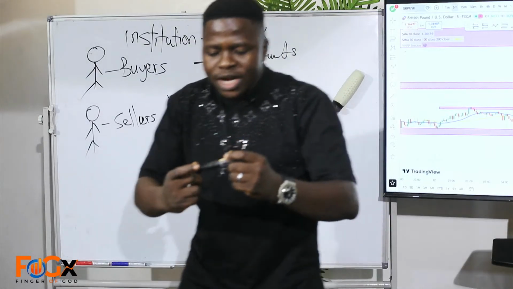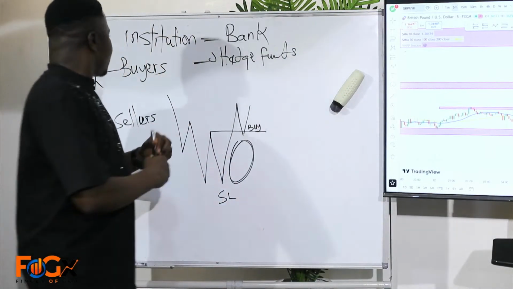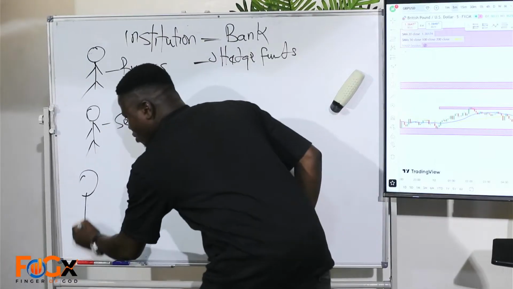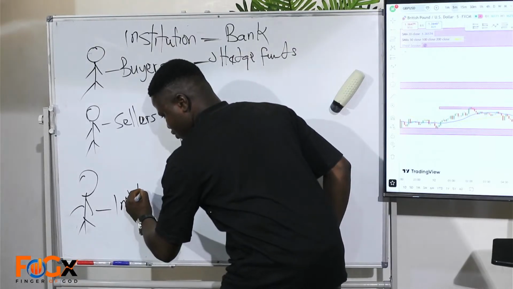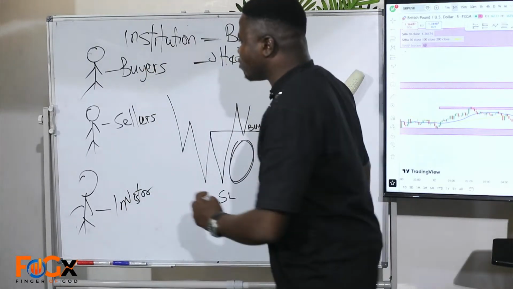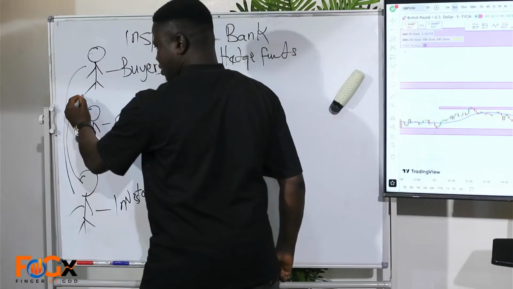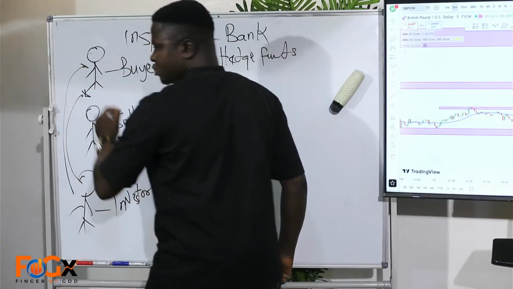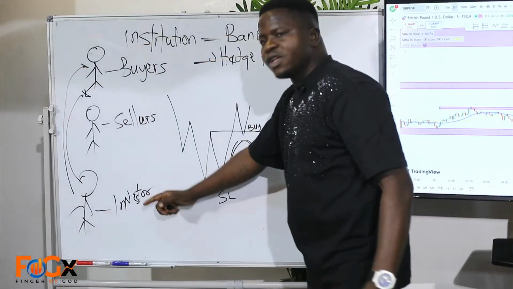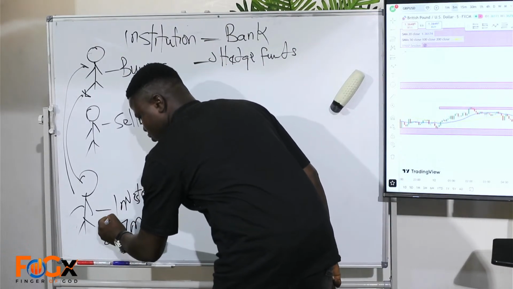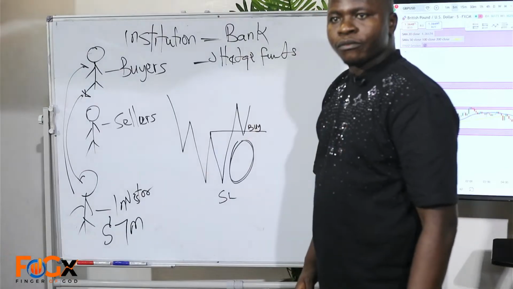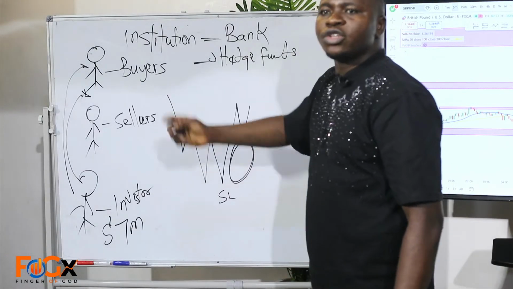Now, what happened is there's one more person, an investor, who gives money to these guys, giving them $7 million. Invest $7 million for me.